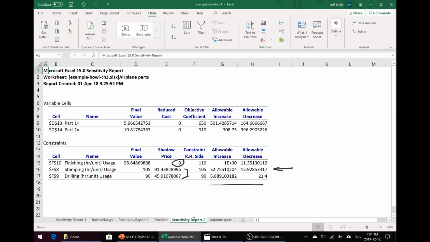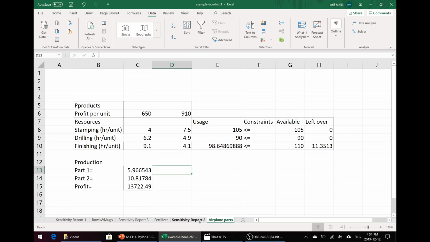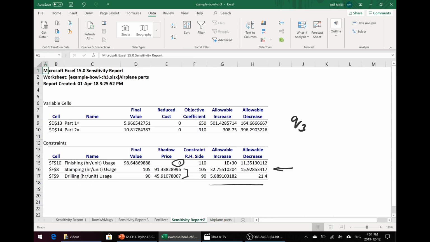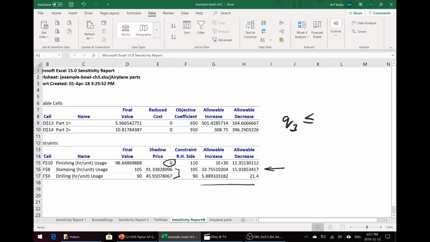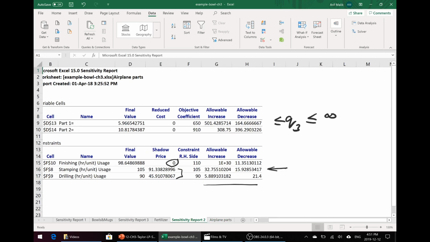For the third constraint, Q3, the finishing constraint, its upper is actually infinity, and the lower is 110 minus 11.35, so it is about 98.65.